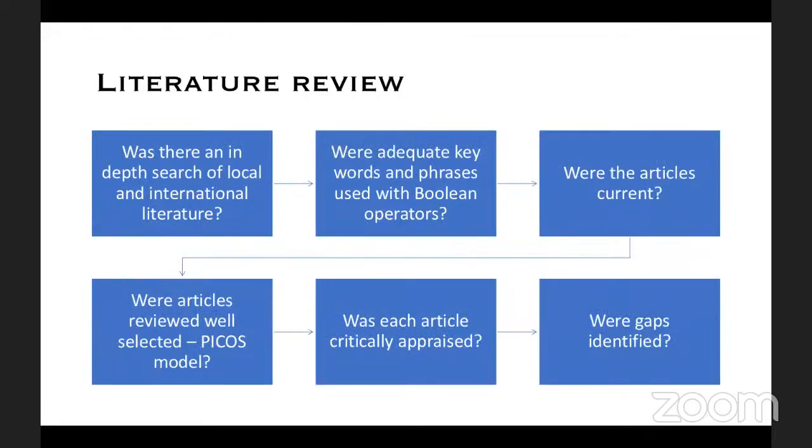Next, literature review. You are looking at your literature again. Was there an in-depth search of local and international literature? Do you just go to Google, type in what they're saying, some articles just came up and that's it? Or you got one other study that had been done and you copied everything, secondary references, tertiary references, and put that?